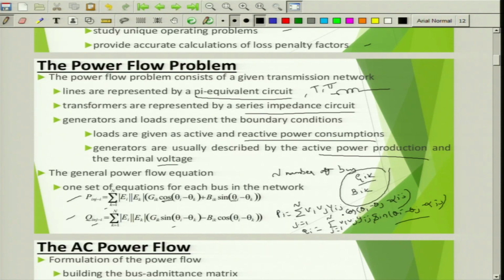What is alpha ij? Alpha ij is the angle of the admittance which is present between bus i and bus j, right.